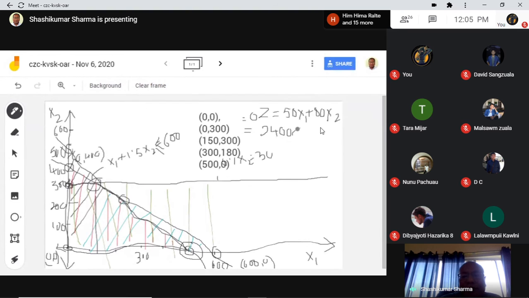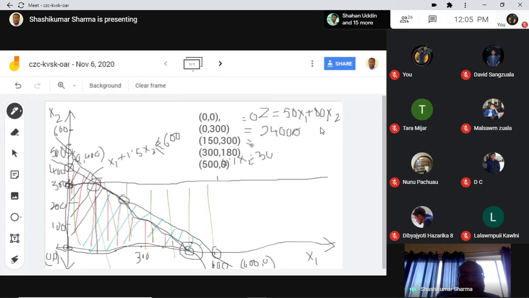This is rupees 24,000. What does it mean? It means that no X1 is being sold, but you are selling 300 X2. The price for one model of X2 is 80 rupees. 80 into 300 is 24,000.